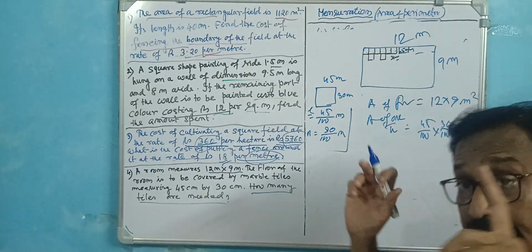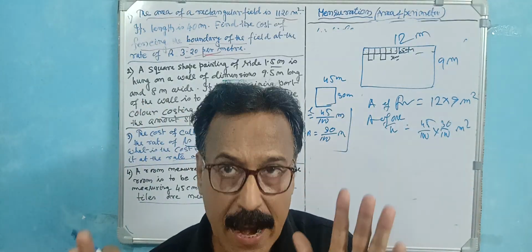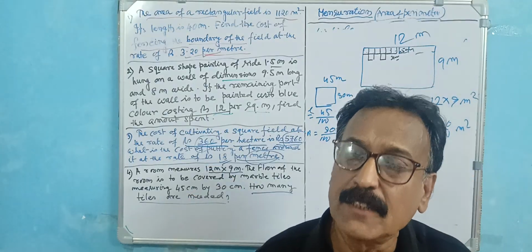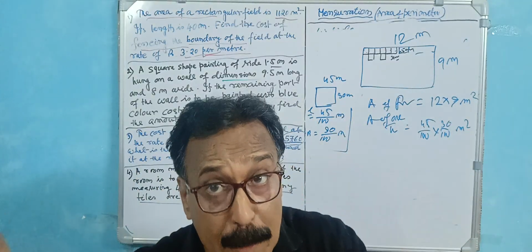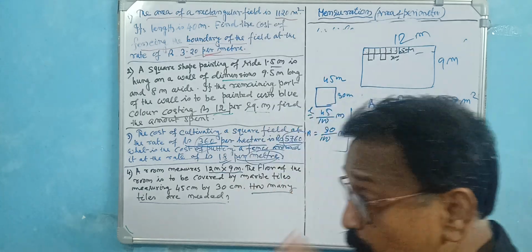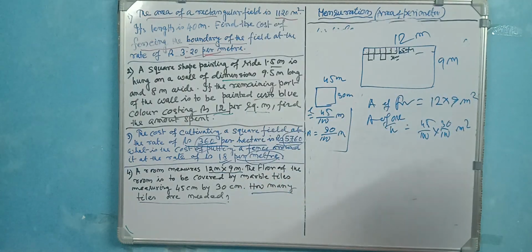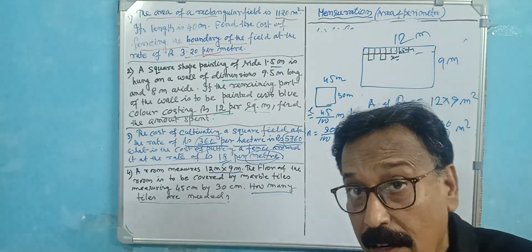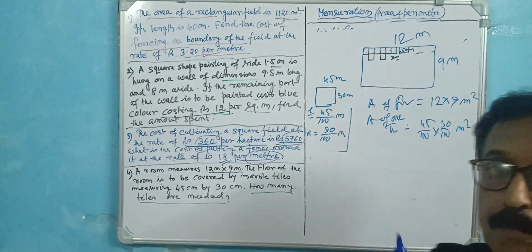That means the area of the floor, and suppose the number of tiles is 50, so the area of the 50 tiles is the same area, because these are all covered, not uncovered. The area of the floor is equal to the area of the number of tiles.